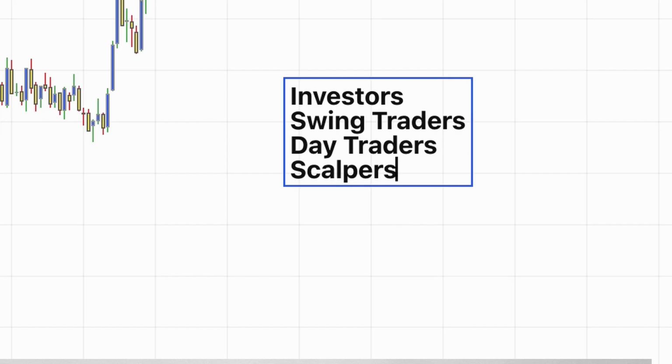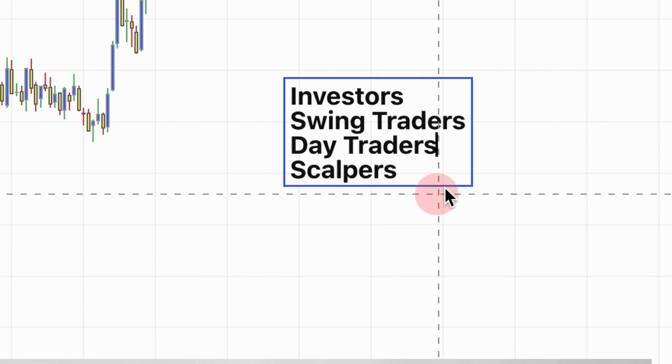All right. Investors are long-term traders. Swing traders are what we call short-term. They'll hold positions over several hours, over several days. Day traders will get in during one session and may hold their positions over a couple of sessions, but typically they're in and out during one session.